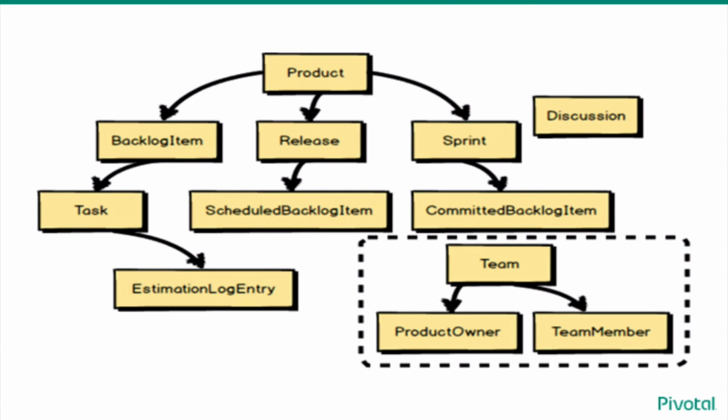On the other hand, while we're not going to bring tenants and users and permissions into this model, we still do need actual users. The users of this software are product owners and team members. These are actually derived from users who play roles.